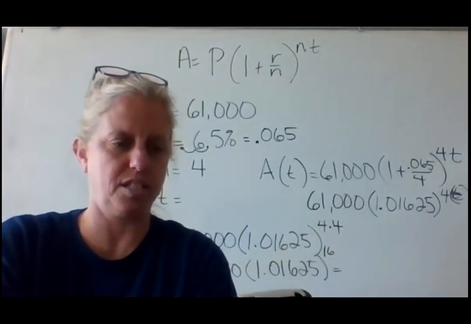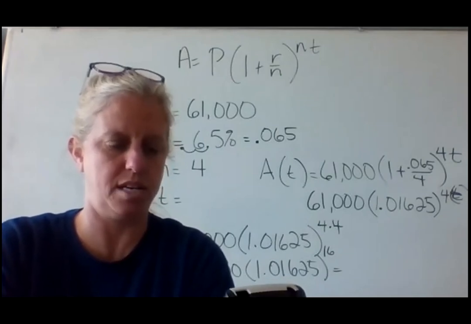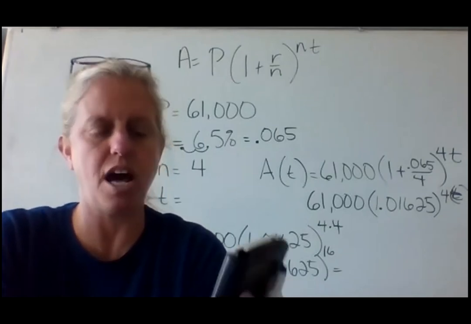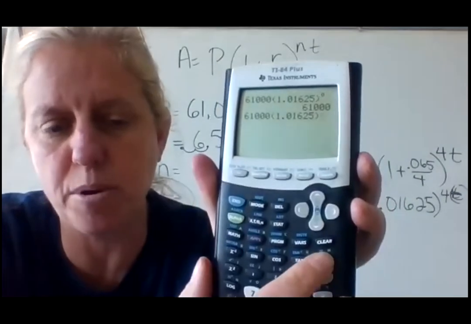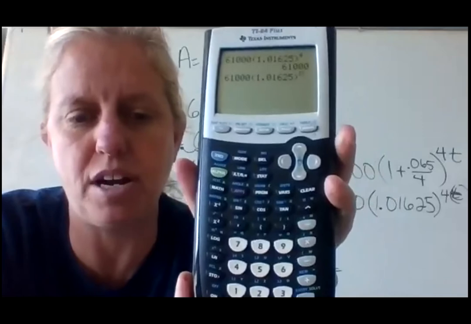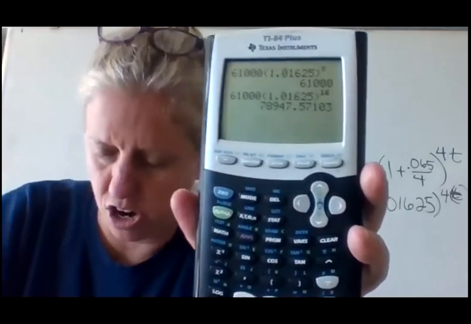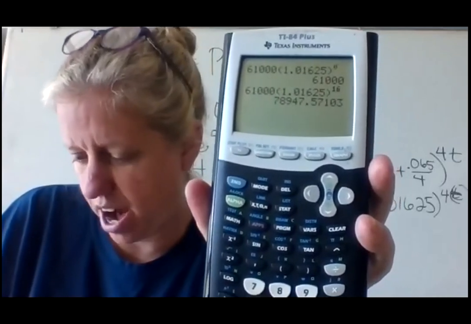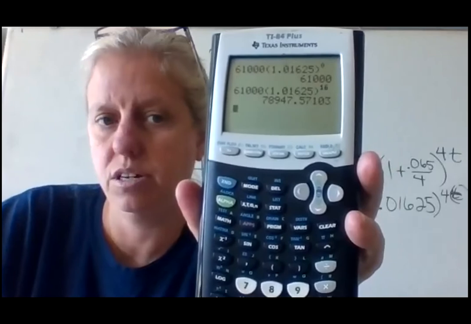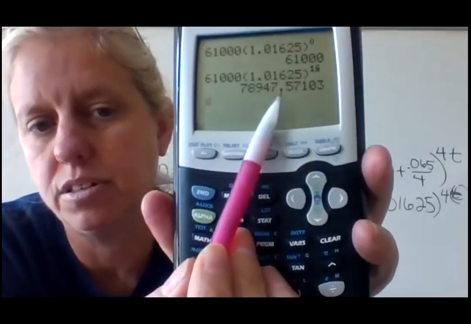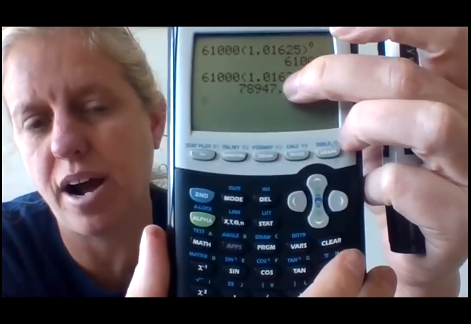So the only thing that's going to be different between this part and the one I'm about to put in here is instead of 0 in my exponent, now it's going to be 16. So 61,000, open parenthesis, 1.01625, close, exactly like this row. But now I'll go up into my exponent, and my exponent now is 16. Hit enter, and it wants me to round it to the nearest dollar. There's my dollar, right?